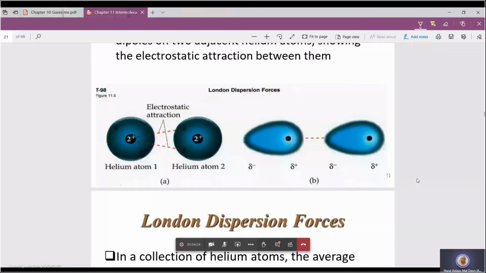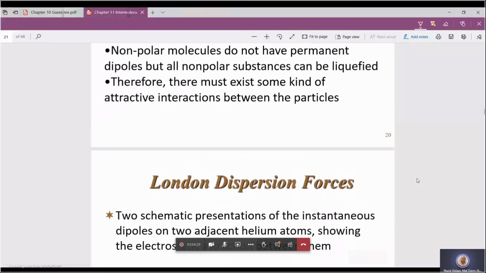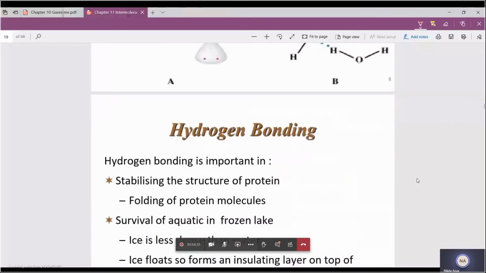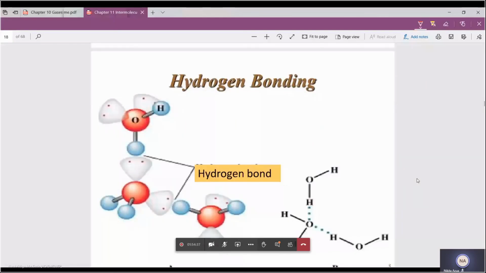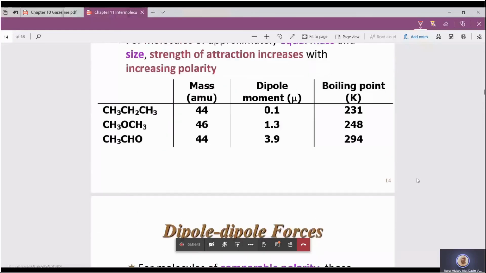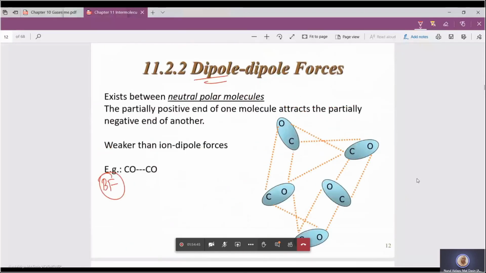Did you get it, class? That system is just to determine what type of attractive force it is. Okay, and we go to the previous slide. Here, dipole-dipole. That's how we determine dipole-dipole for BF.